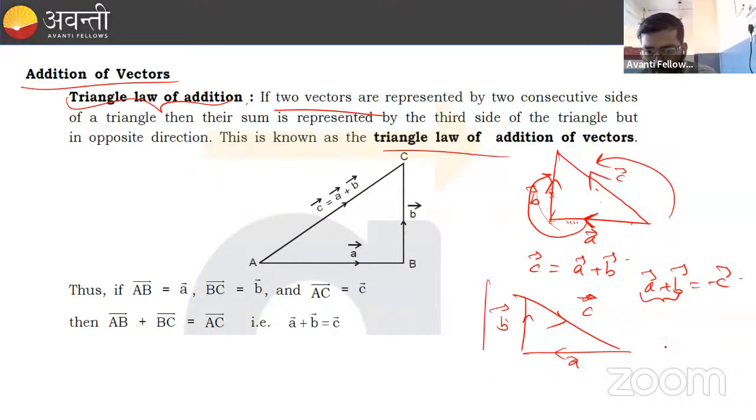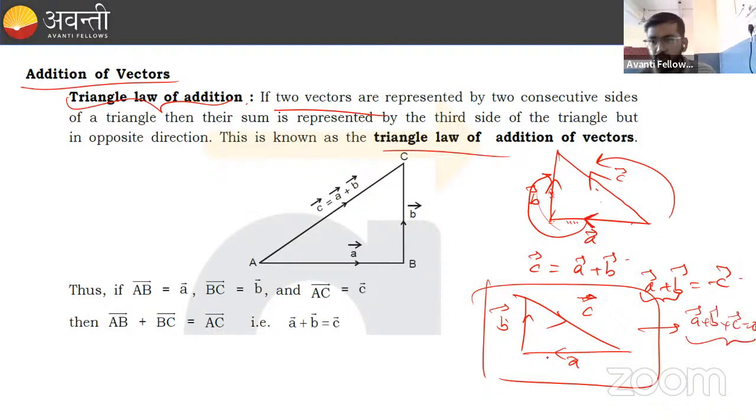So from this diagram, you can also find out that a bar plus b bar plus c bar equals 0. If all the three vectors of a triangle are added in the same direction, then the resultant is a null vector, because we reach the same point again. The initial point and the terminal point become the same.